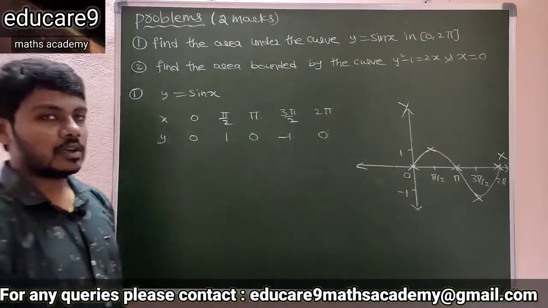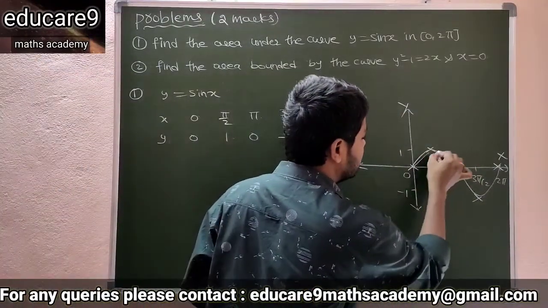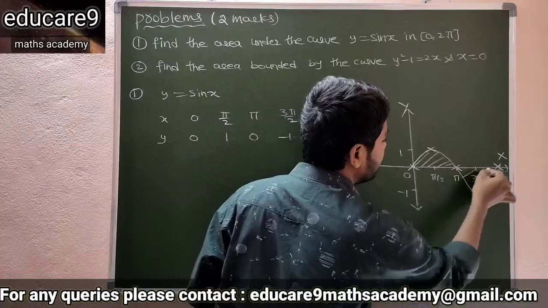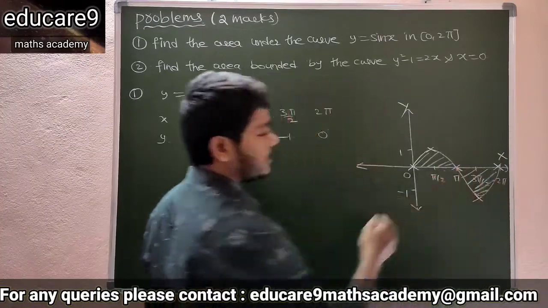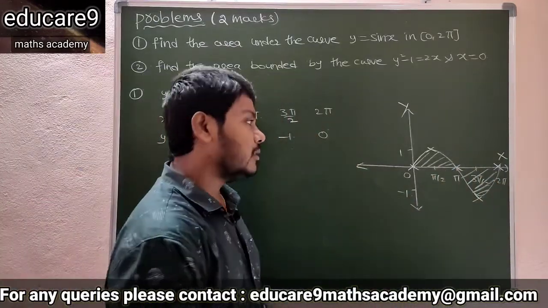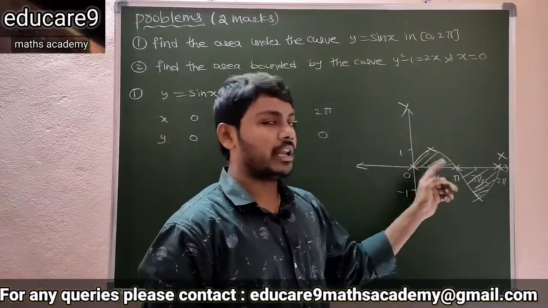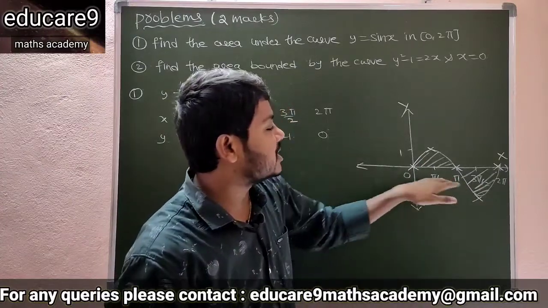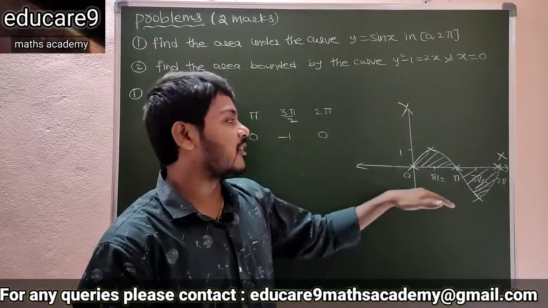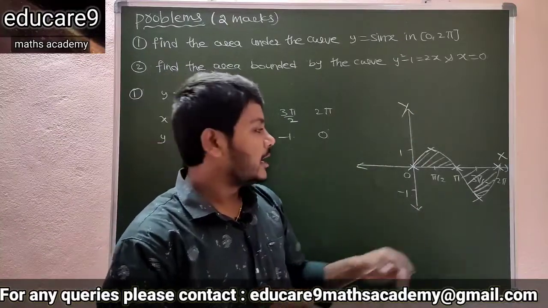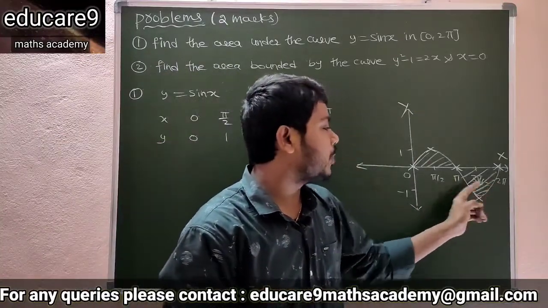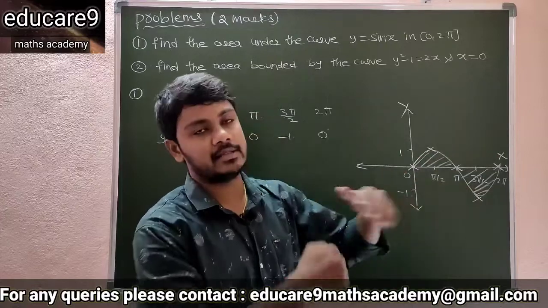Okay. Now you need to find this area. And see here, you need to find this area. So clearly between the interval 0 to pi the graph lies above the x-axis, and between the interval pi to 2 pi the graph lies below the x-axis. Okay.